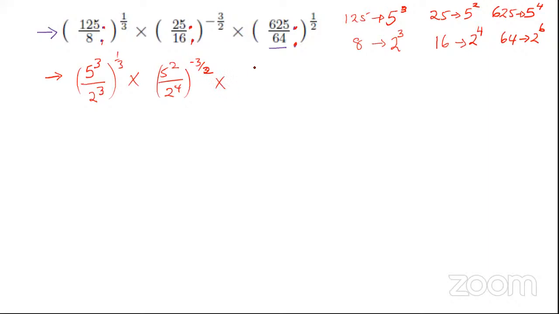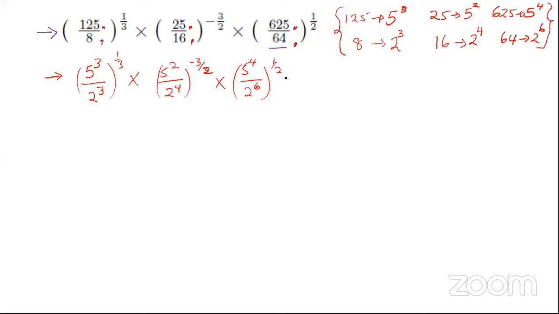Then times 5 to the power 4 out of 2 to the power 6, and all this to the power of a half. Doing this is where you get your very first mark.